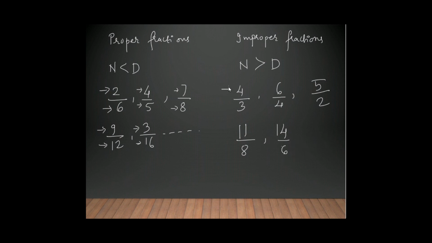So here you have numerators which are greater than the denominators. Now these improper fractions can also be represented in mixed form. Let us first visualize what these improper fractions are and how we can convert them into mixed forms.